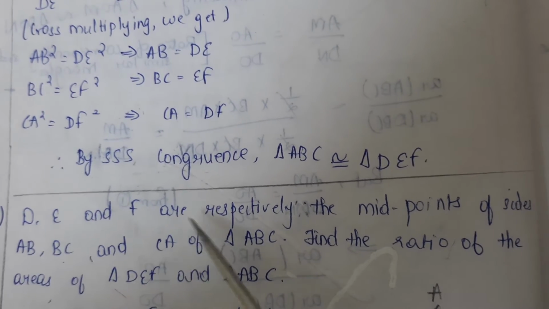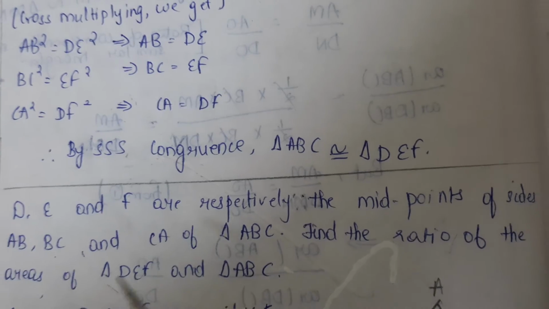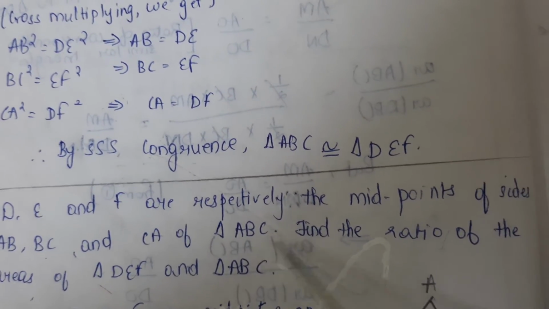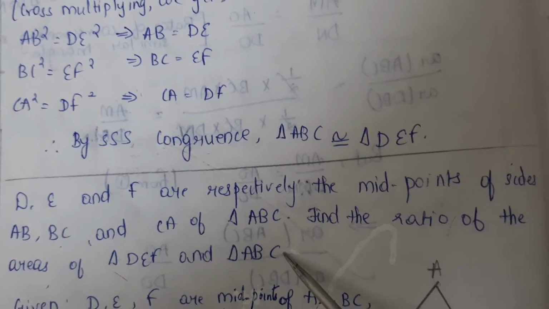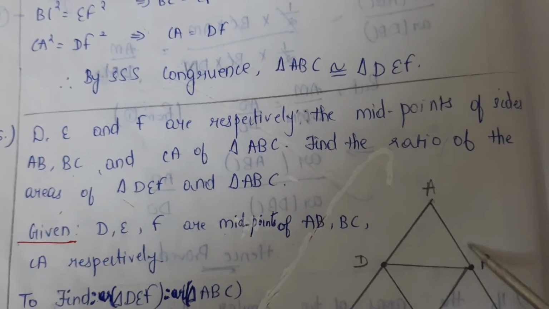The next question is: D, E and F are respectively the midpoints of the sides AB, BC and CA of triangle ABC. Find the ratio of the areas of triangle DEF and triangle ABC. So this is the figure.